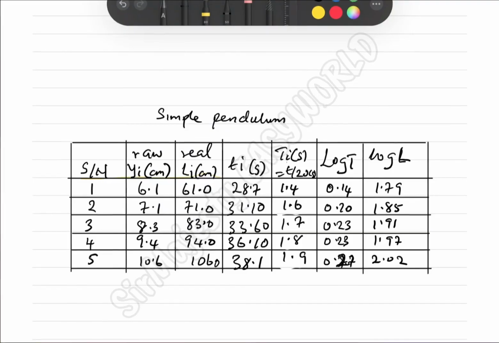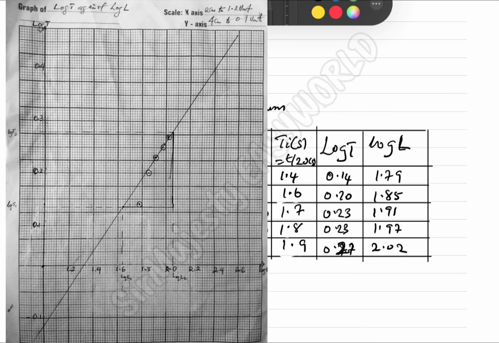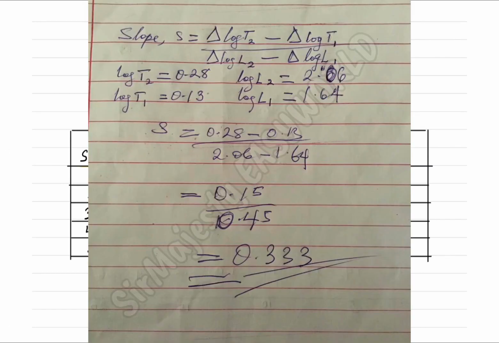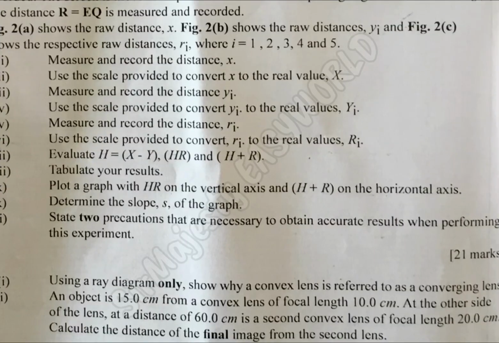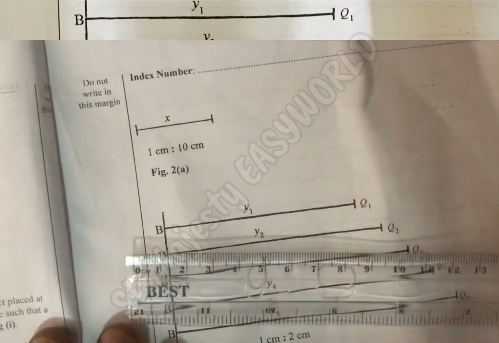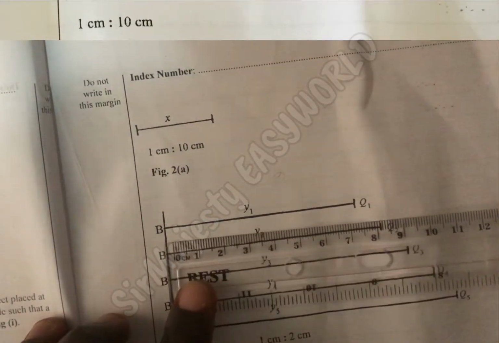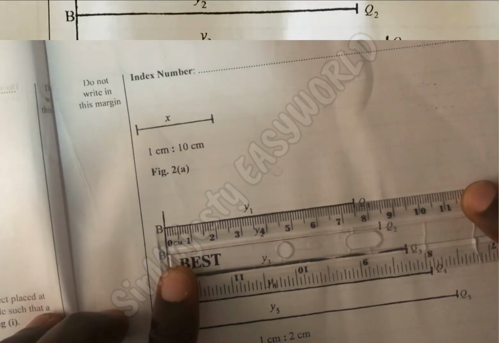So we go back. Then you see the graph after I finish plotting it. That's how to do it in alternative to physics practical. It's all about being accurate with measurements. So going to the next question, like I showed you here, I'm measuring it. You see the raw, I'll multiply each cm by 10 and get the real.